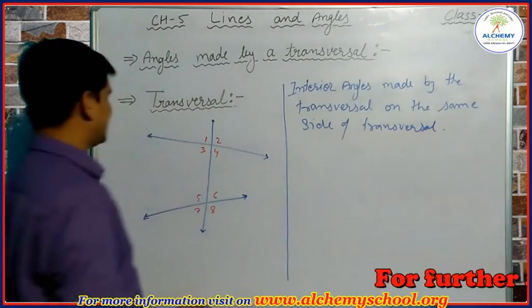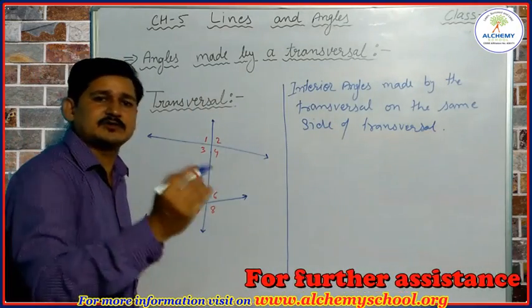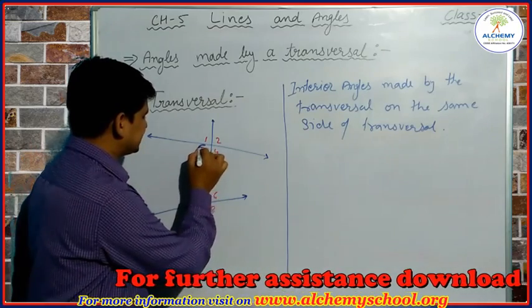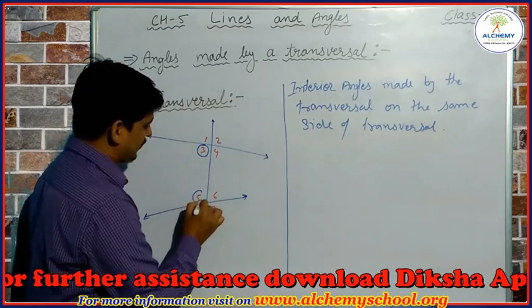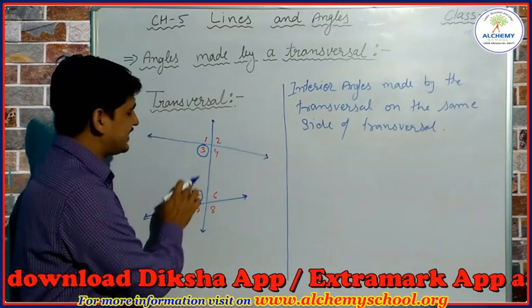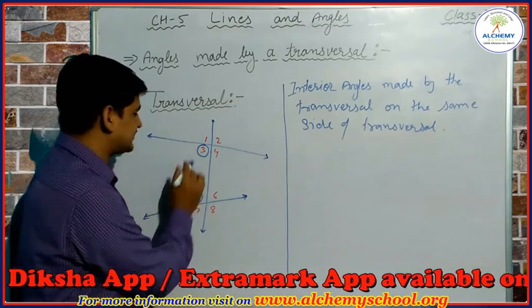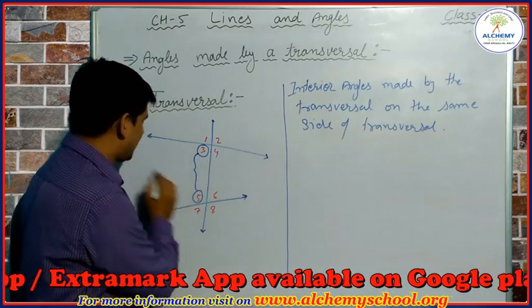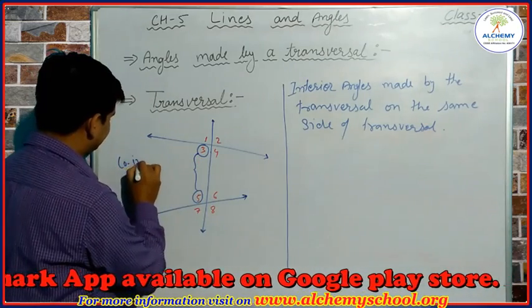When we observe this figure, this is angle 3 and this is angle 4. These two angles are interior angles and they are on the same side of the transversal, so they are called co-interior angles.